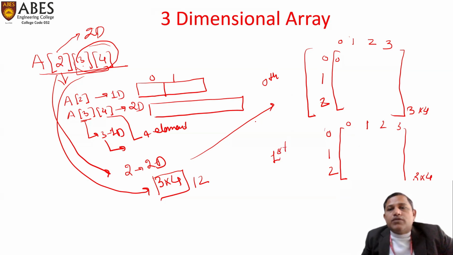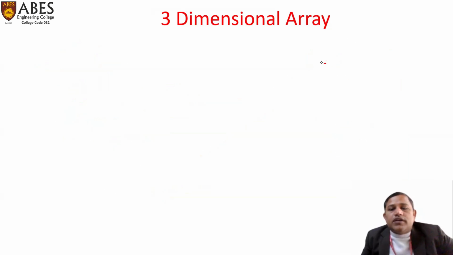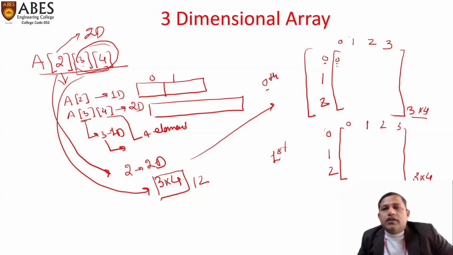Each two-dimensional array is of 3 by 4 size. If you represent the index in memory, first you consider the 0th two-dimensional array, then 0th row and 0th column.